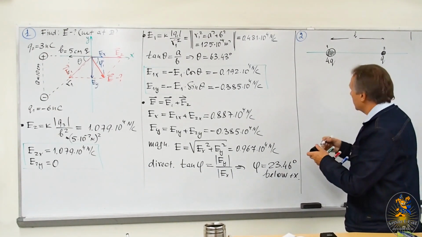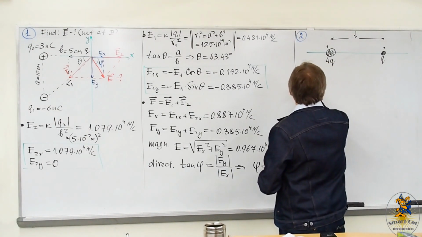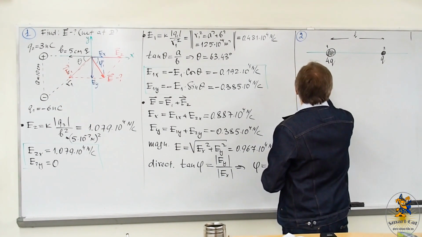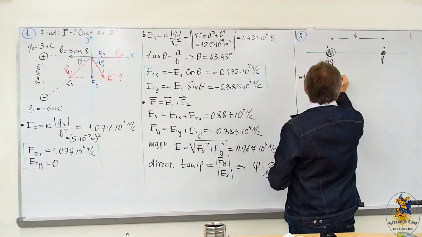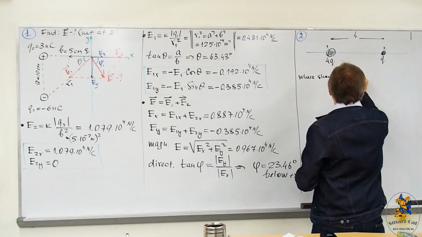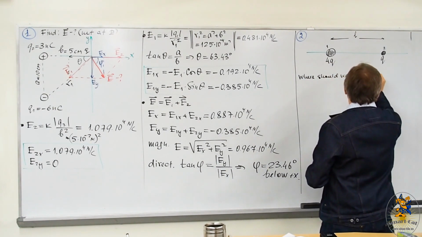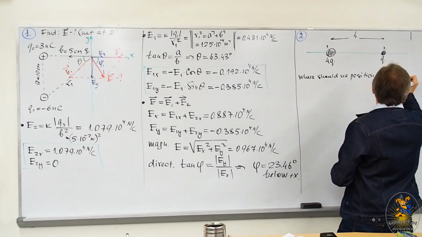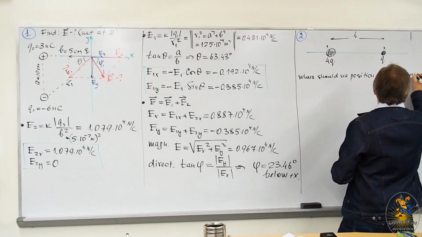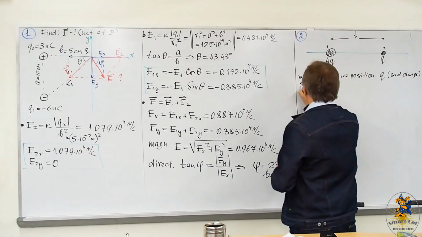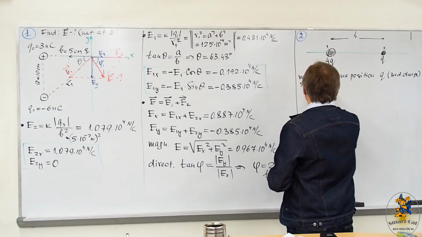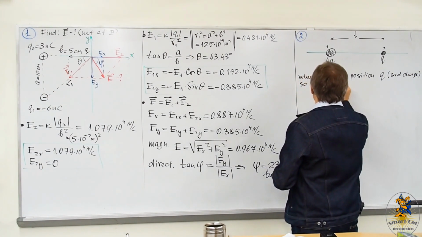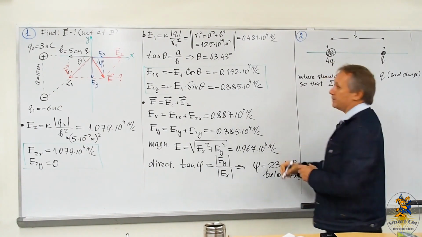And so where should we position Q, the third charge, so that the net force equals 0?